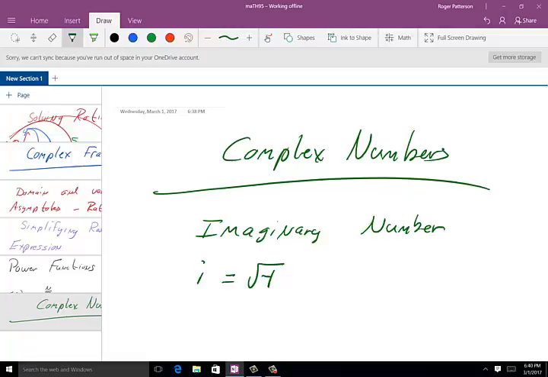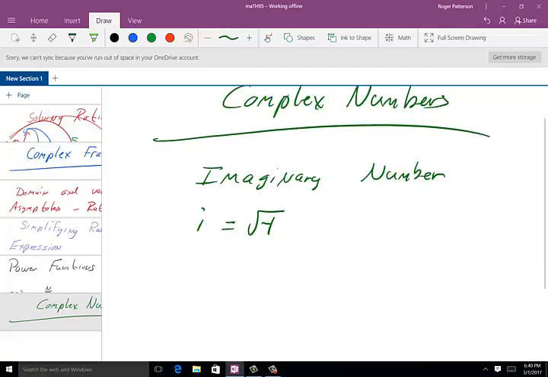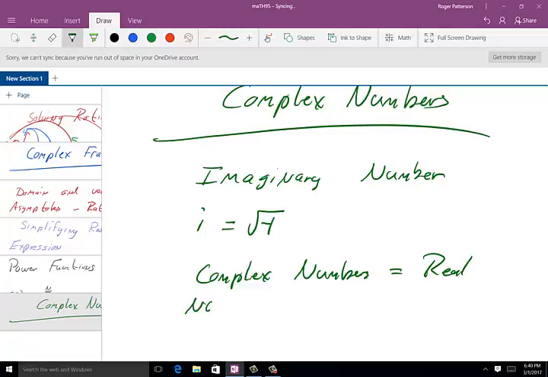I don't know why they call them imaginaries, by the way. Okay, but i is equal to the square root of -1. All right? And the complex numbers equal all the real numbers and imaginary numbers together.